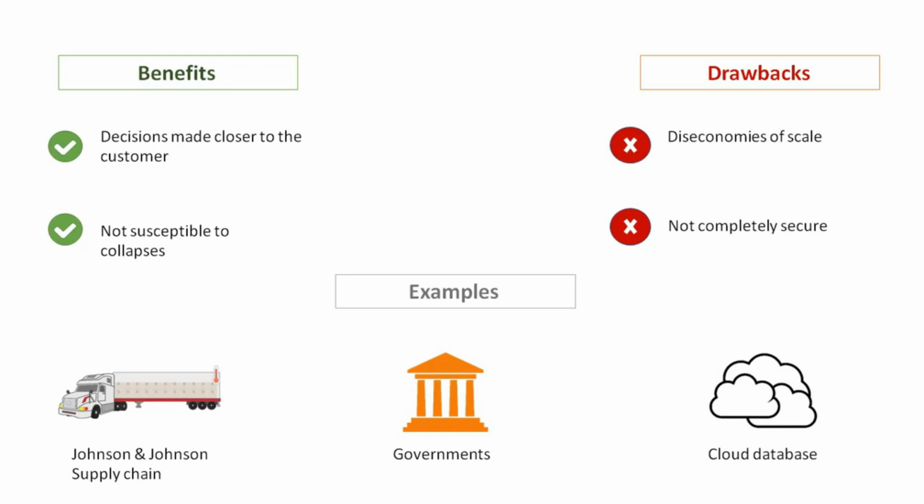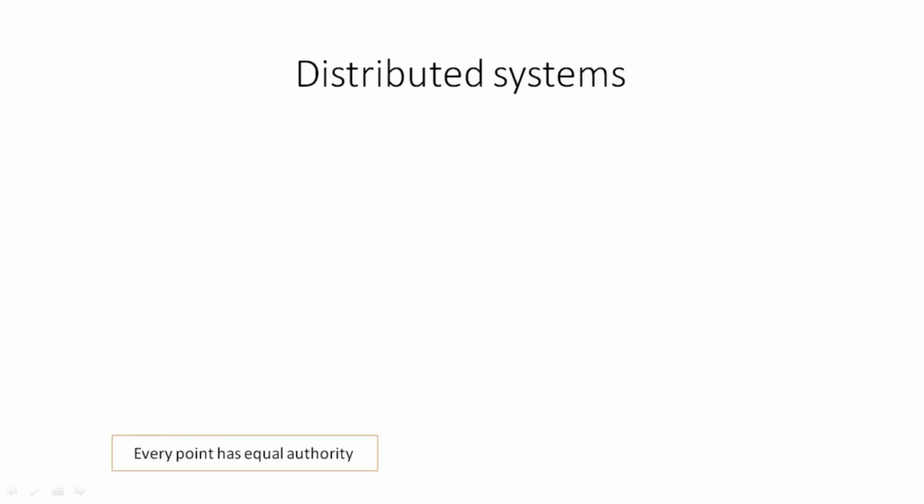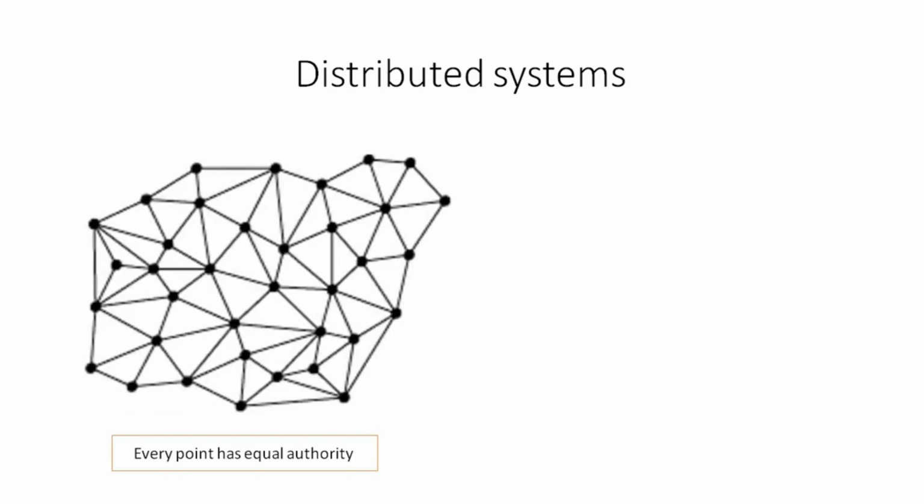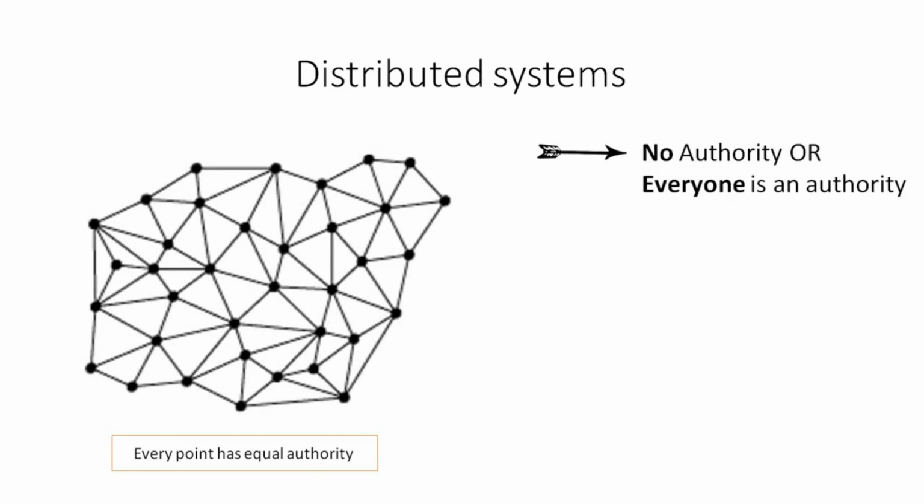And this finally brings us to the third type of systems, which are distributed systems. In distributed systems, everyone is an authority. Thus, they are virtually unsusceptible to collapses. Now, this doesn't mean that the systems can't be hacked.